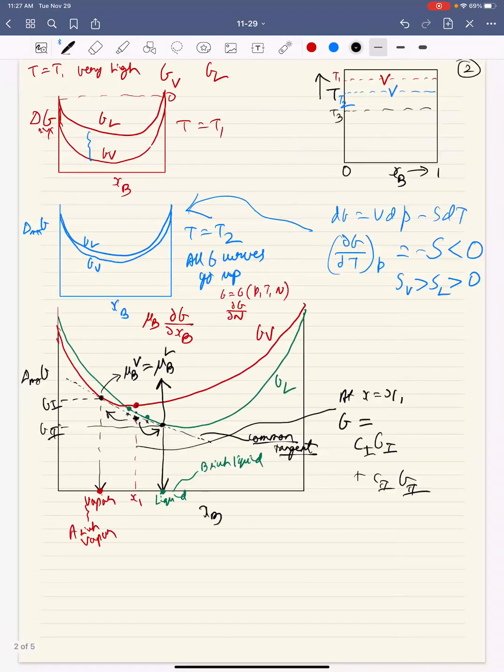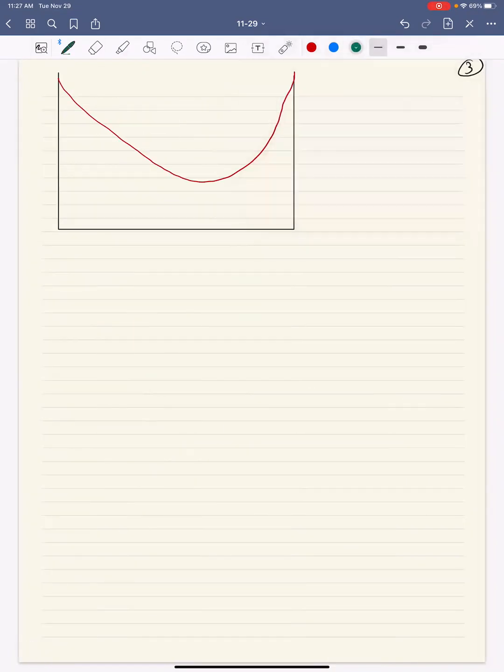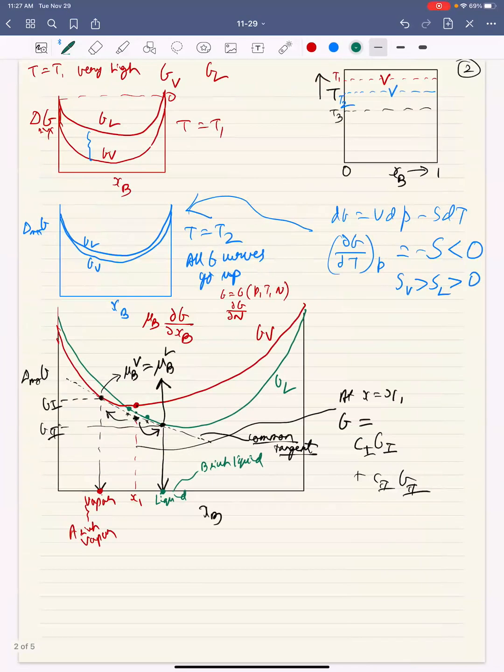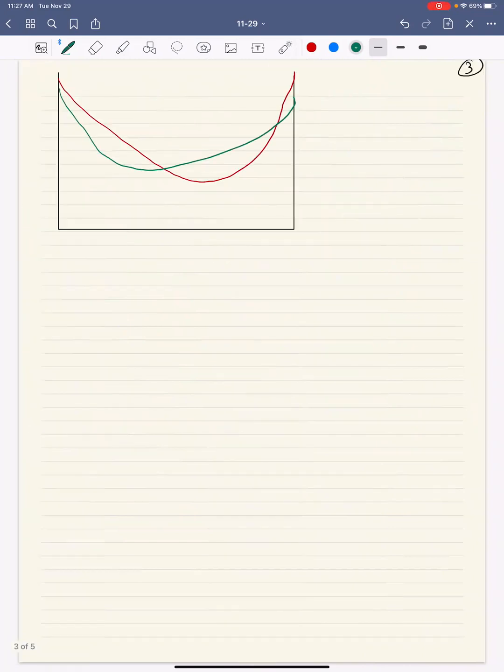Red. We have vapor that exists like this. And for liquid, we are using green. And we have liquid that exists like this, okay? So now the intersection is a bit different, right? It is happening on the right side.